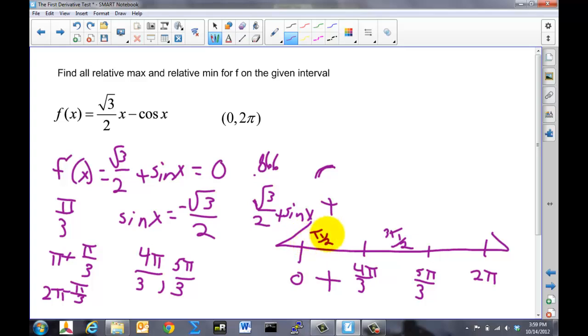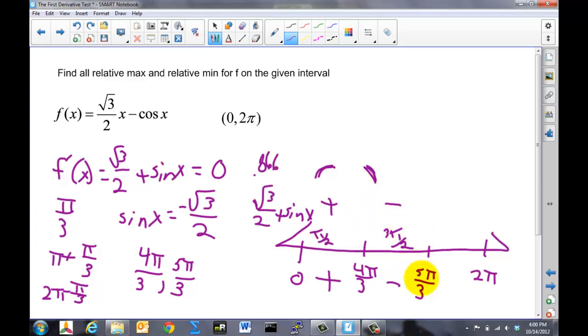We're not sure which. Well, this was a positive 1, so 3 pi over 2 is 1. Now, is it positive or negative? It's between quadrants 3 and 4, so the sine's negative. So now we've got 0.866 minus 1. It's going to make this a negative number. So that tells us that the function is decreasing here.